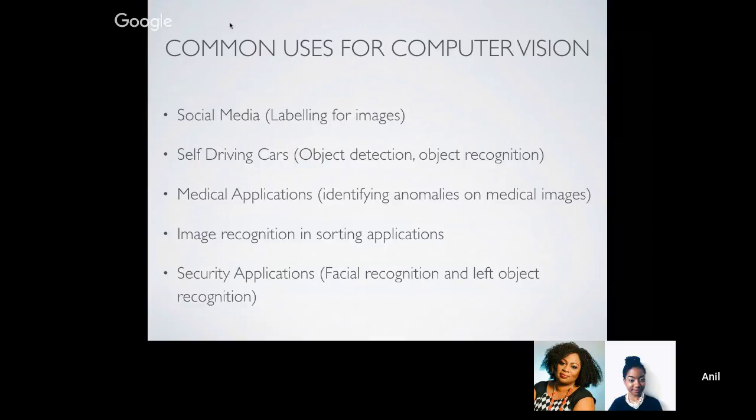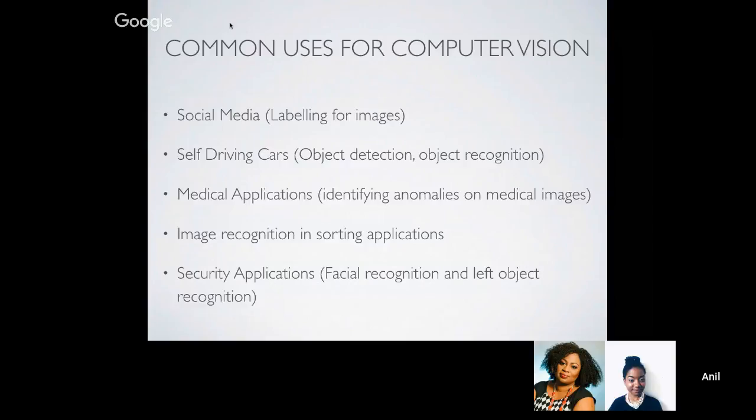Look at self-driving cars, where they rely on things like object detection, object recognition. Medical applications: you have applications that could look at CT scans and try to determine what's wrong with a person based on identifying anomalies in those scans.